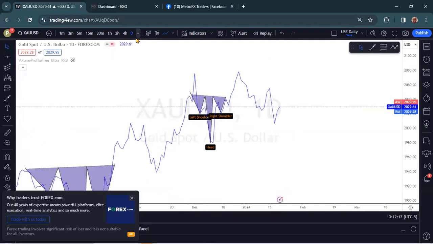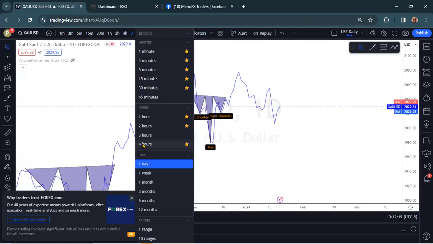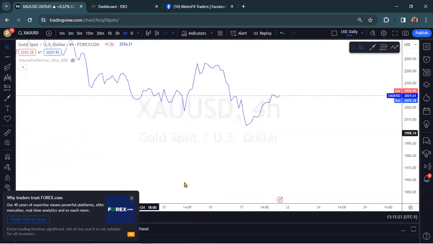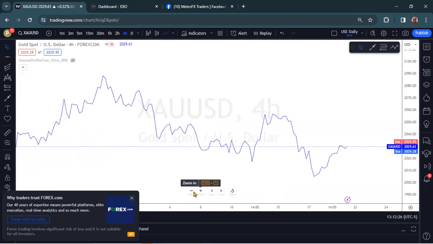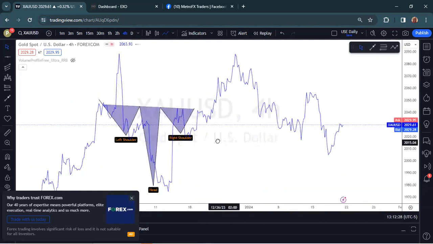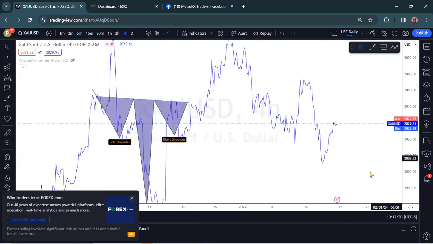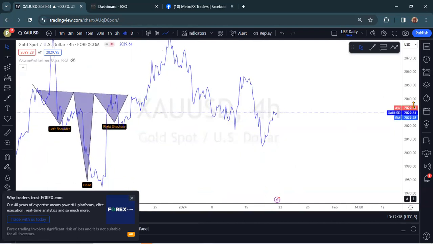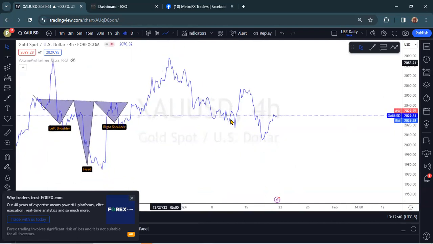So now we're going to go down to the 4-hour. Remember, we're still in an uptrend. Okay, so I did a head and shoulders over here, but we don't care about this head and shoulders because we're not looking for a sell.